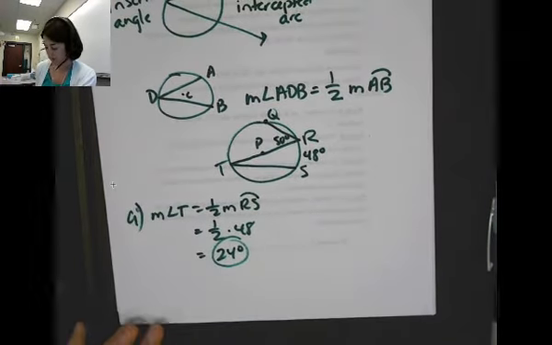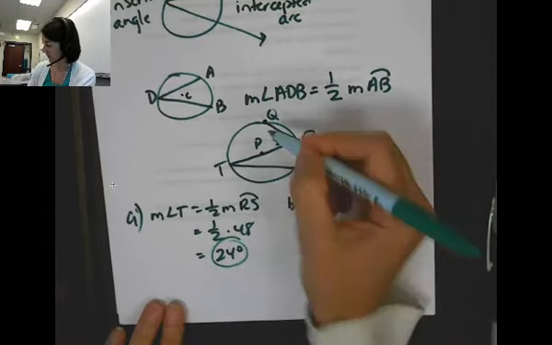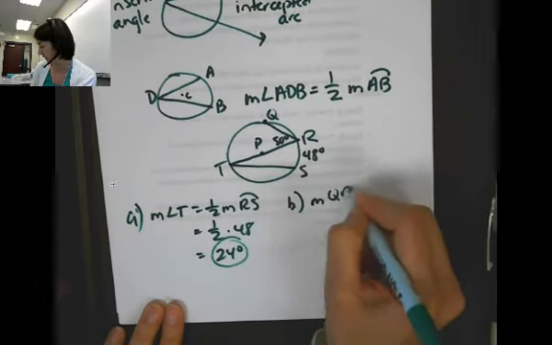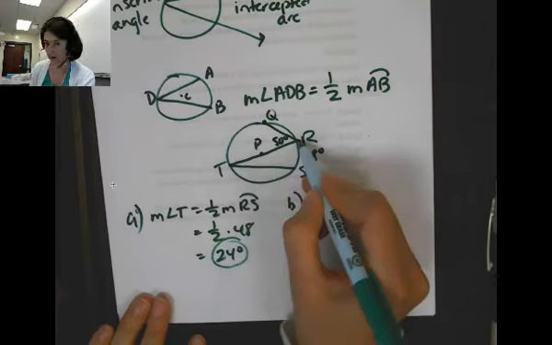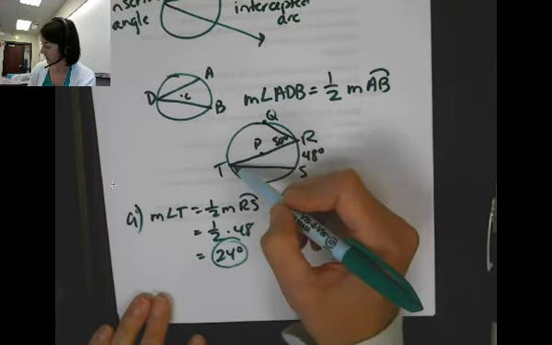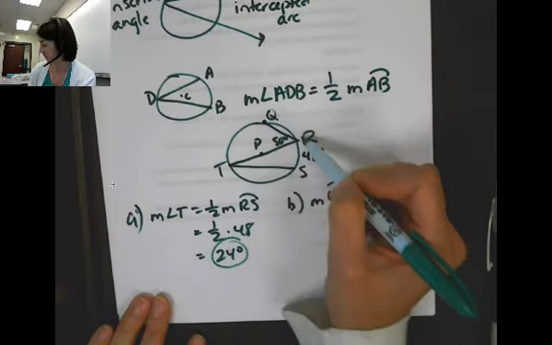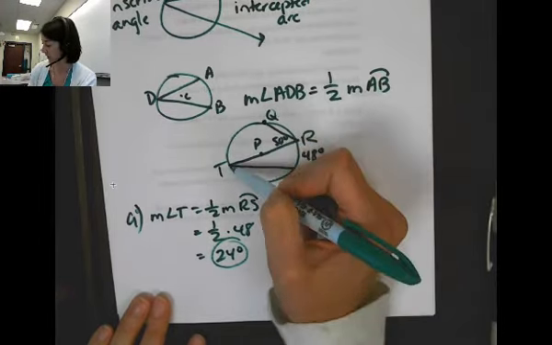Then the next question I want to ask is to figure out the measure of arc QR. I can see here that TR is a diameter, so arc TQR is a semicircle. I don't know arc QR, and I don't have an inscribed angle for that, but I have an inscribed angle for arc TQ.